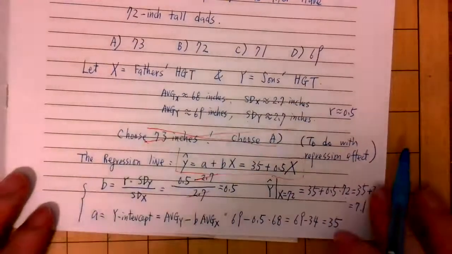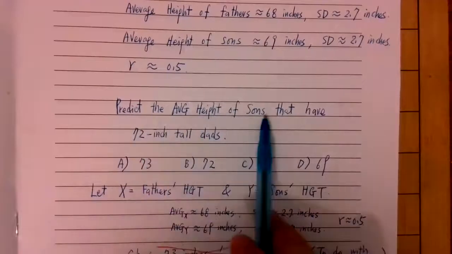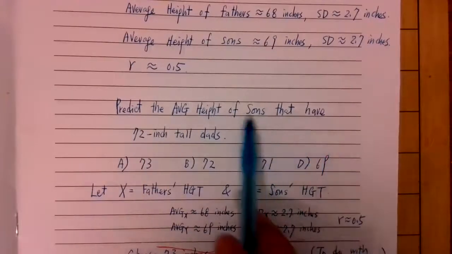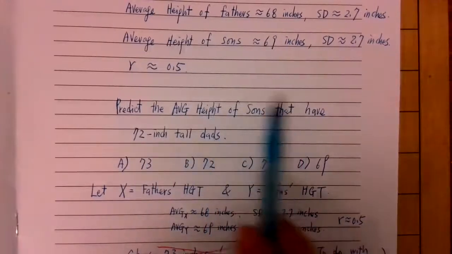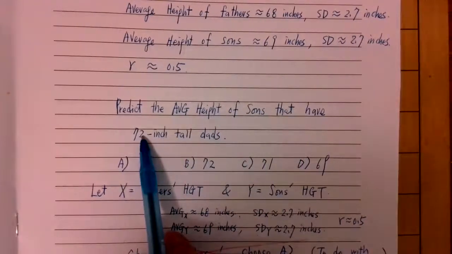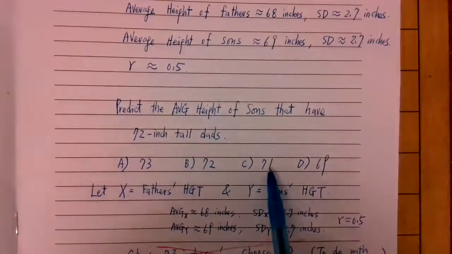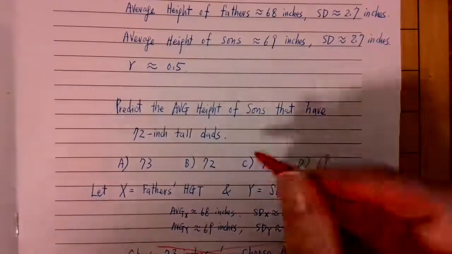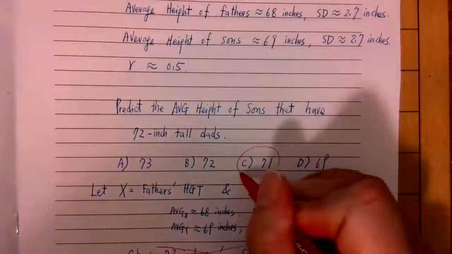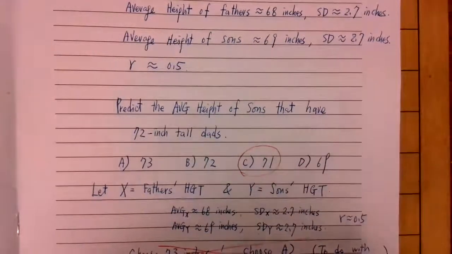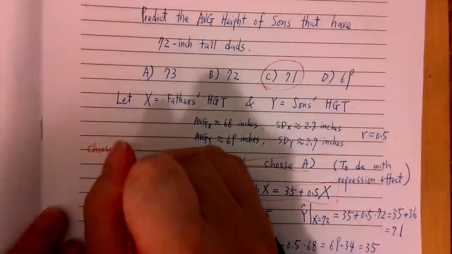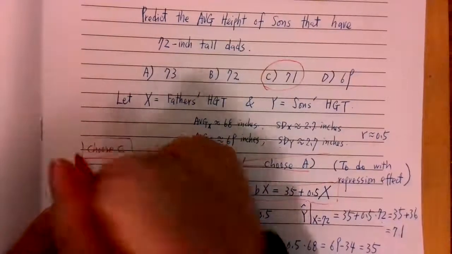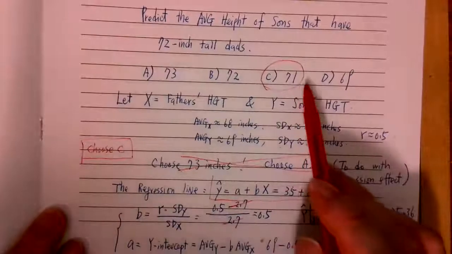Funny enough, for those sons who have a very tall father, their height is not 1 inch taller. It's actually 1 inch shorter. The answer is C. So you don't choose A, you should choose C. This is called the regression effect.